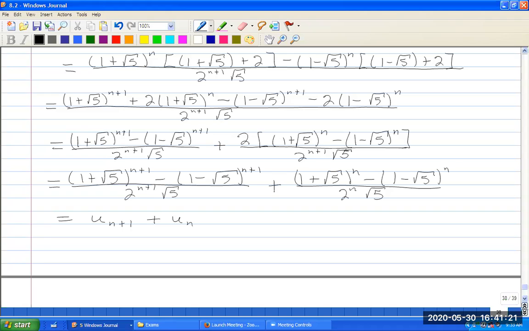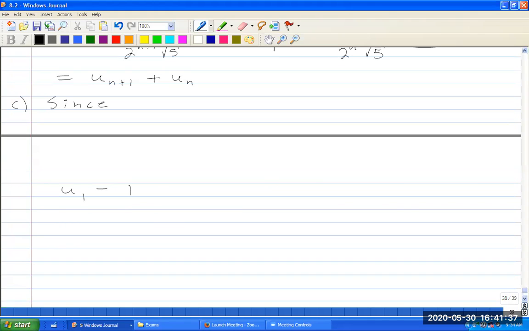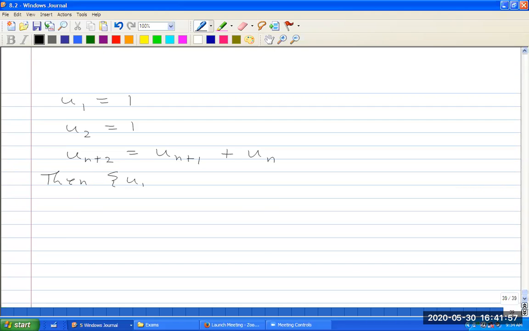So C. Since u1 is 1, u2 is 1, and u n plus 2 is equal to u n plus 1 plus u n, this was in part A, we showed this, and this was in part B. Then this sequence is a Fibonacci sequence. And so I'm done. Note the following.